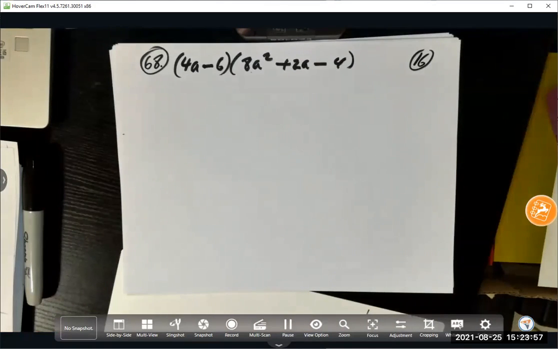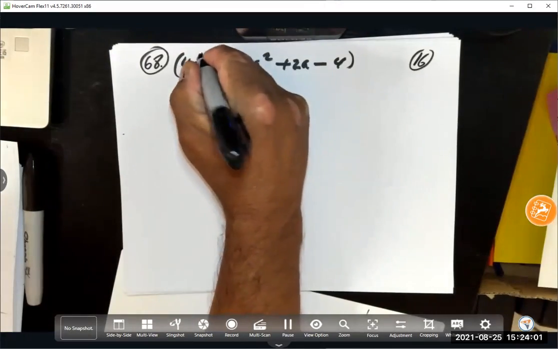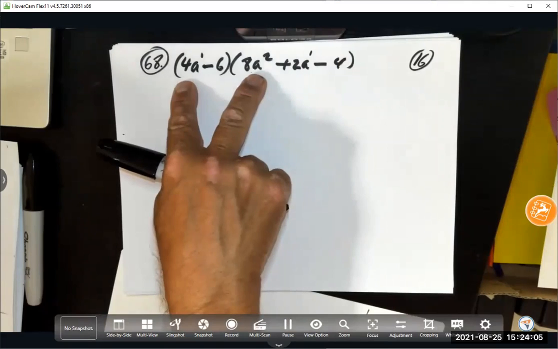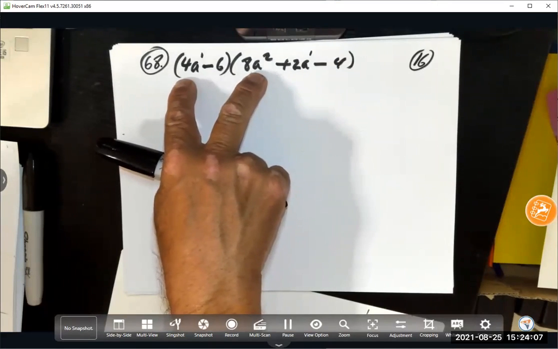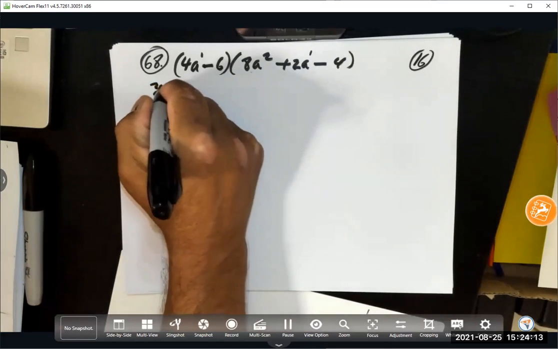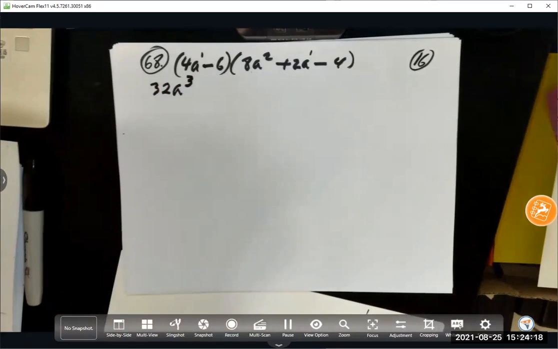There's my original problem. So this is a 1. Let me put a 1 there so I won't mess it up. So 4a to the 1 times 8a squared. What do you think that's going to be? 32a to the third. Everybody okay with the first part?